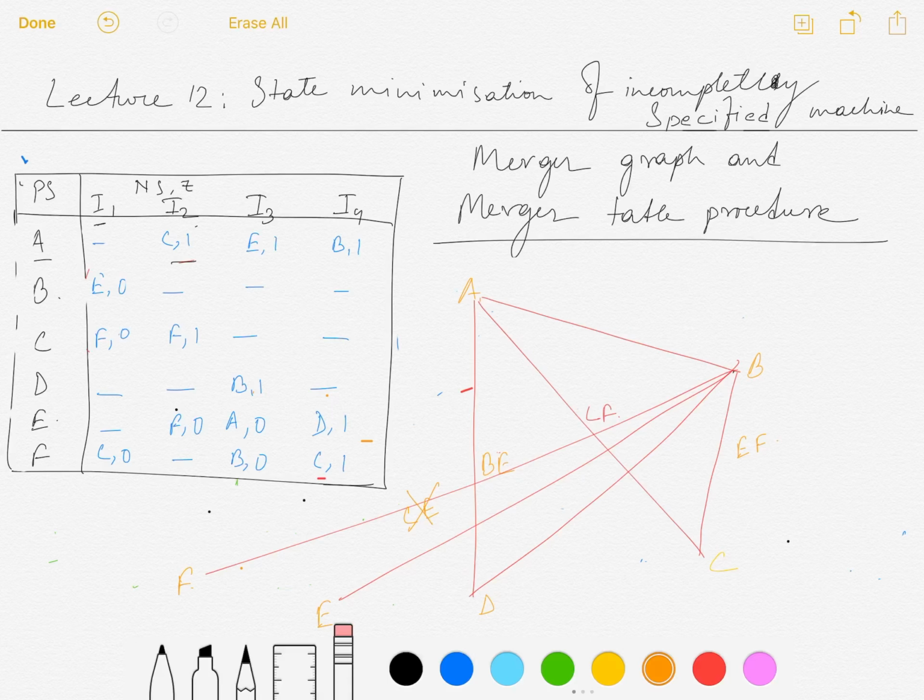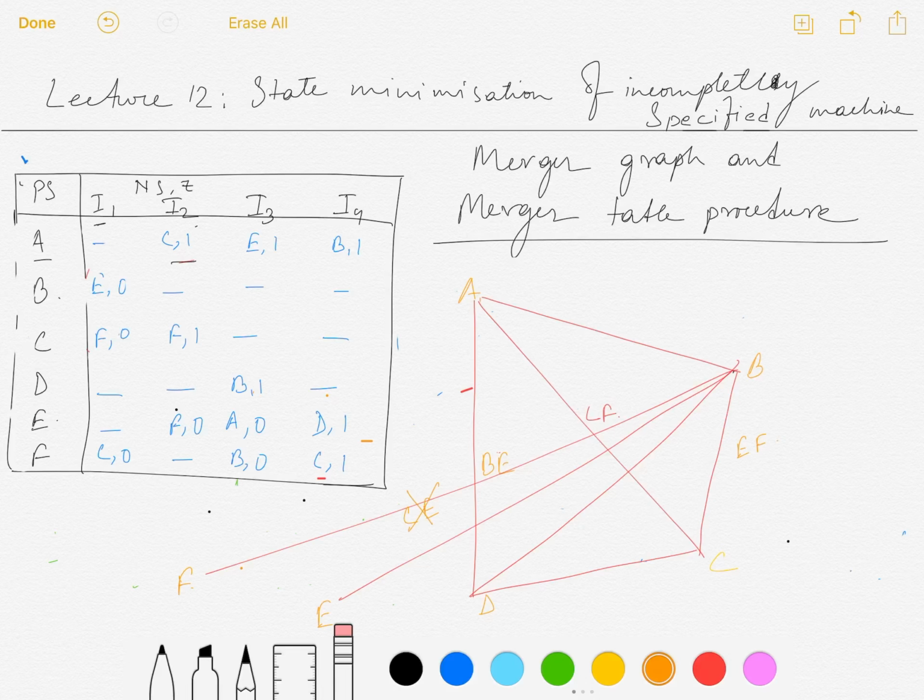Okay. Now, let us check for CD. For CD, I1, I2, I3, I4 all outputs are same, but it does not have any implied pair. Now, for CE, I1 output is same, I2 output is not same. So, it is outrightly rejected that CE is not compatible.